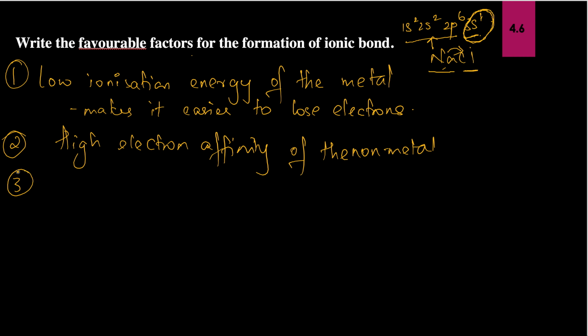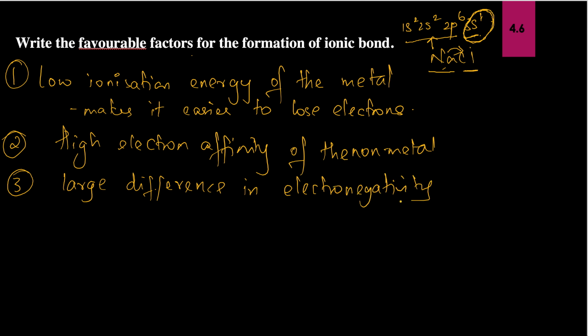Now, the third one should be a large difference in electronegativity. When you say large difference in electronegativity, that means between sodium and chlorine, chlorine has a tendency to pull electrons more from sodium, and sodium has that tendency to give away.